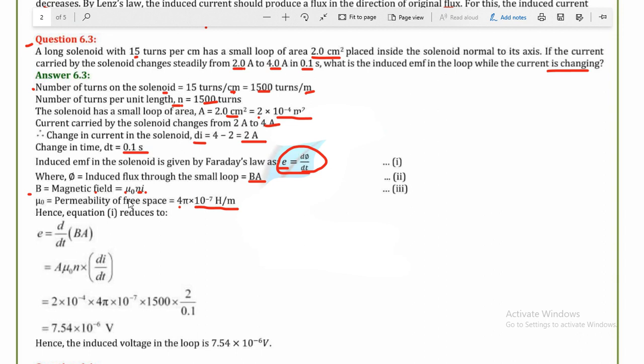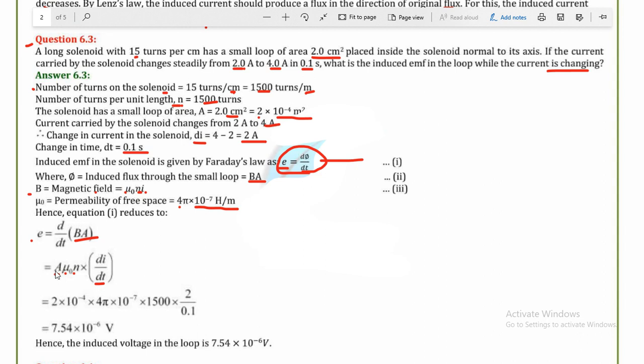Let us use these values in equation number 1. Replacing phi by B into A, you can write E is equal to d phi by dt, that is d of B into A by dt. Since A, mu naught and n are constant, you can write A mu naught n di by dt. This is the variable quantity.